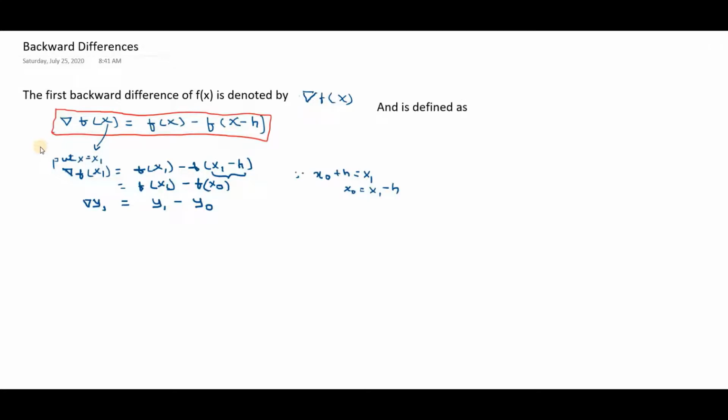Now similarly, put the value x is equal to x2.